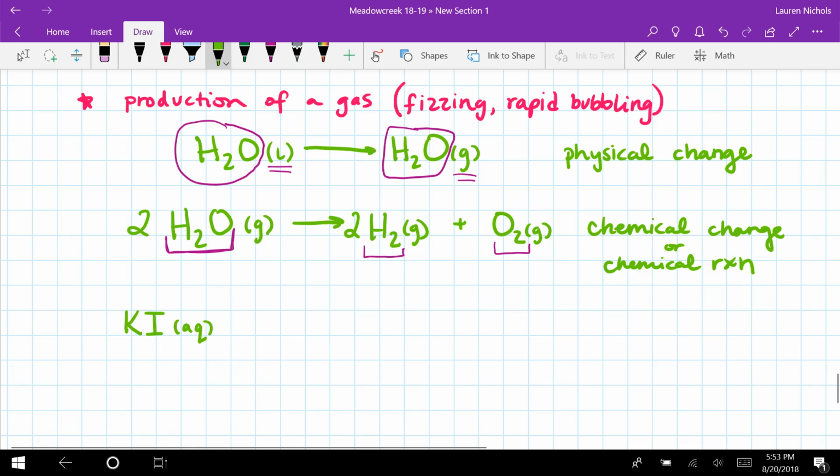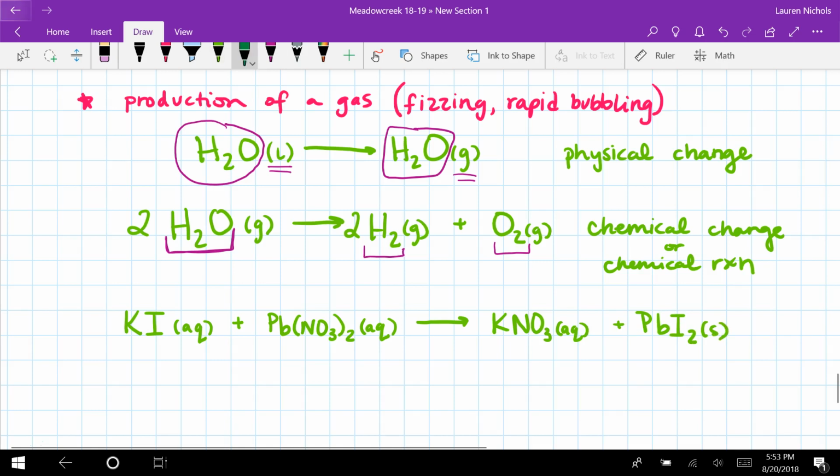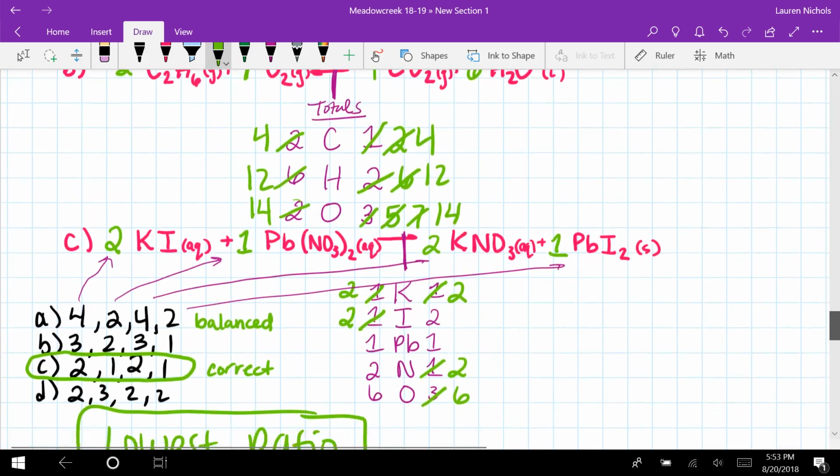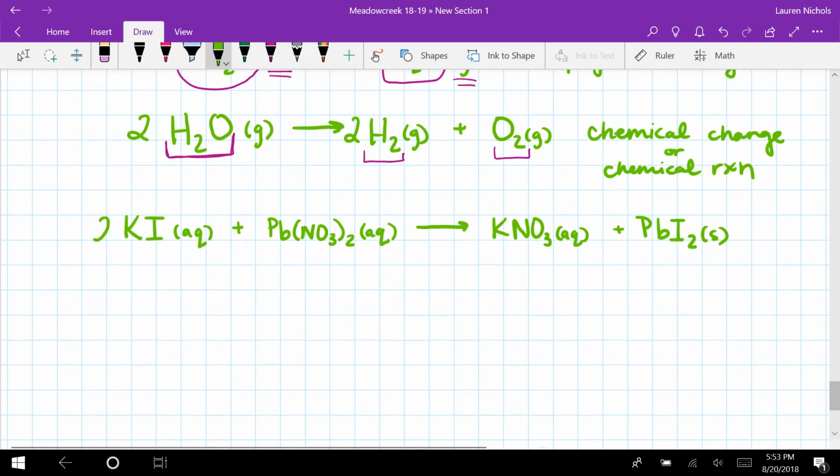Remember, that means it was dissolved in water, and we're adding it to that lead nitrate, which is also dissolved in water, or aqueous, and it produces potassium nitrate, which is still aqueous, but we notice that the lead iodide is now a solid. I know that this is not balanced, so let's look up to see what was the ratio. 2, 1, 2, 1.